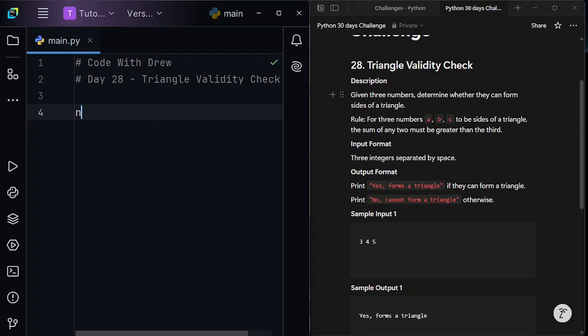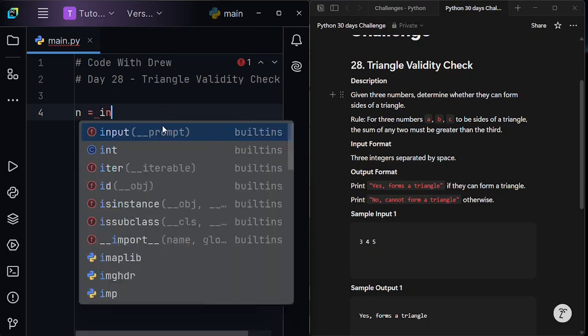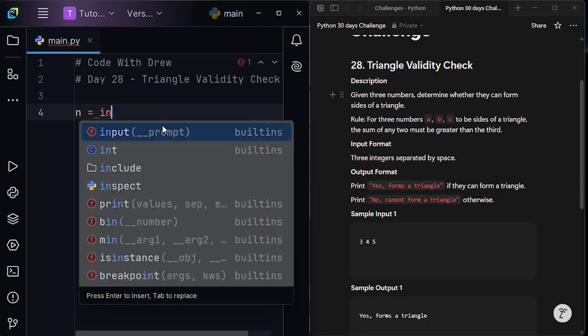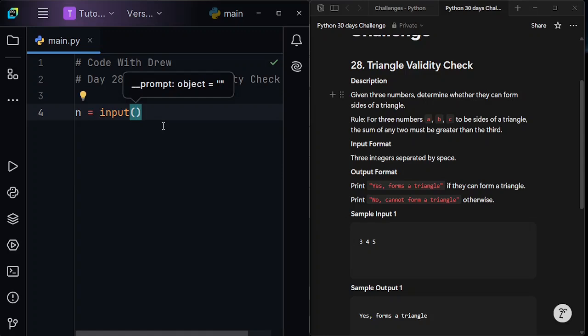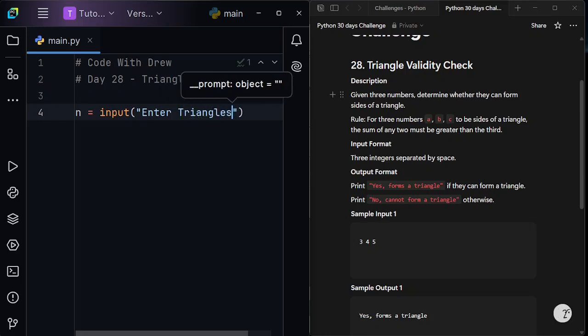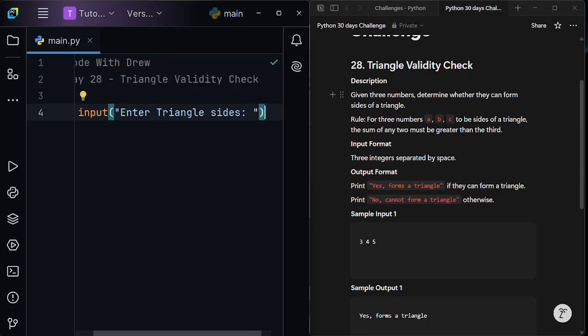I'm just going to say n is equal to input, enter triangle sides.